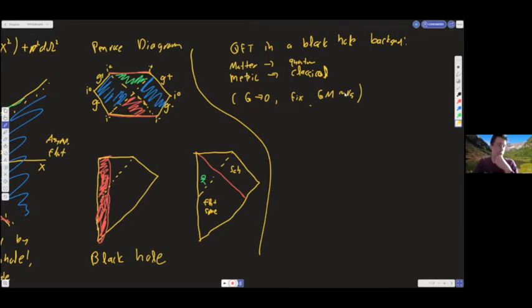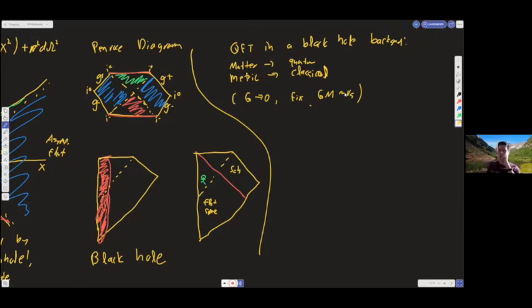Now, to talk about quantum field theory in the black hole background, we have to first talk a little bit about quantum field theory in general, since maybe not everyone here is a quantum field theory expert. Maybe you are, I don't know, but I'll assume you're not.